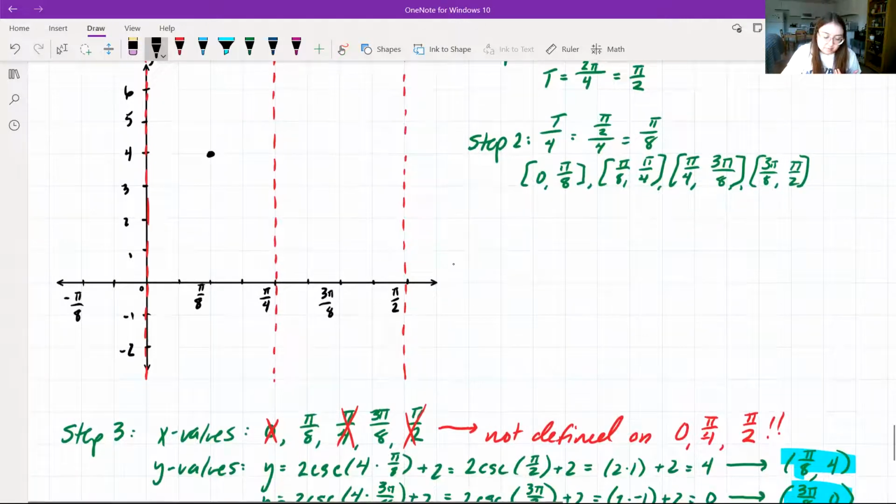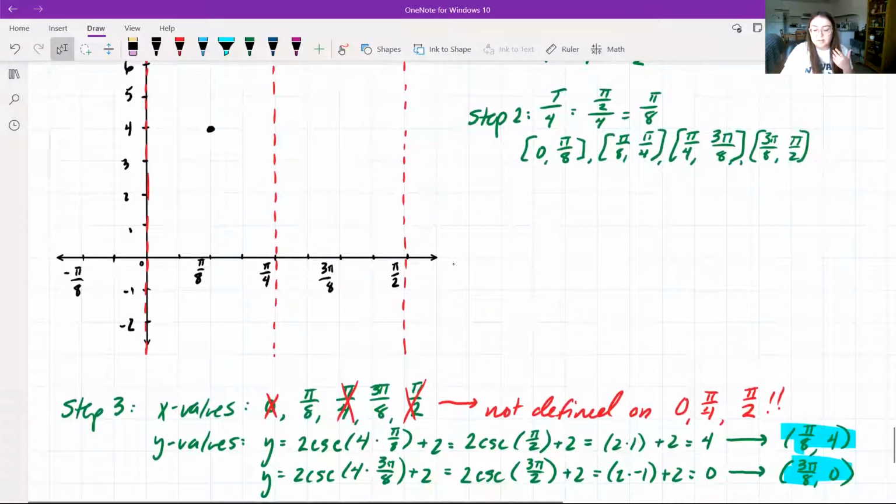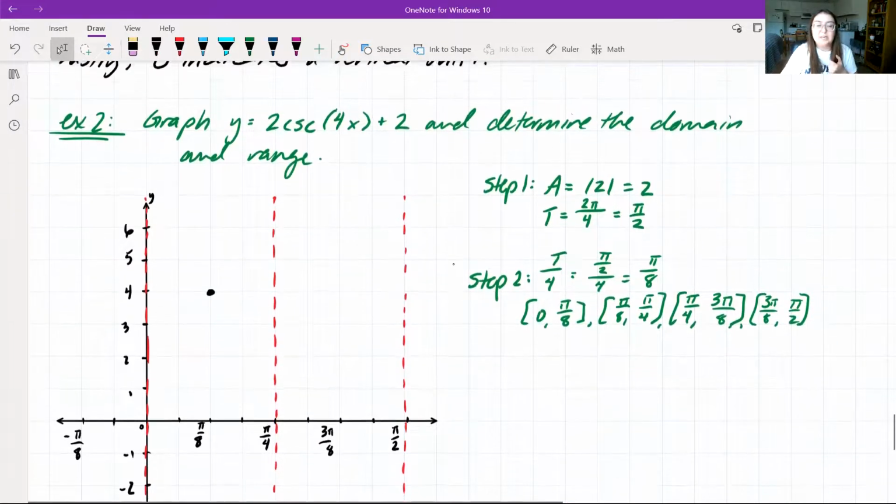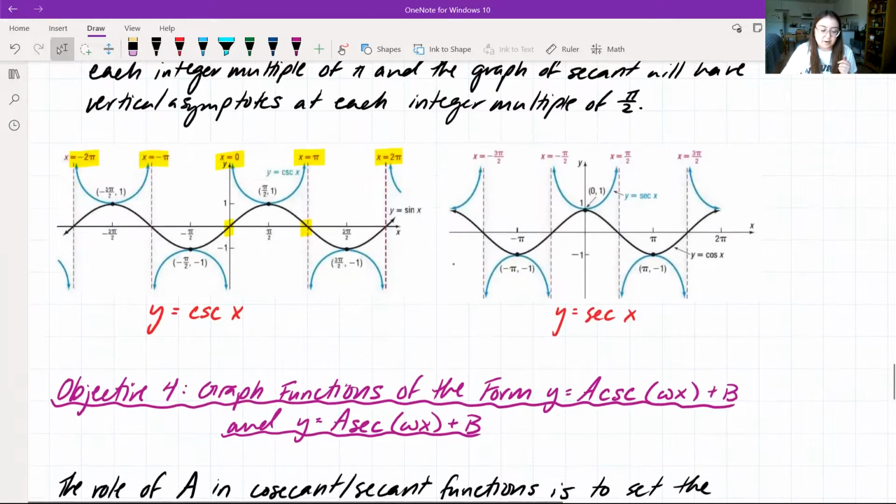And this value here, we can assume is going to be an upward facing parabola. We didn't have a negative that would indicate that this might be flipped. So according to our graph here, this first interval should be an upward facing parabola.